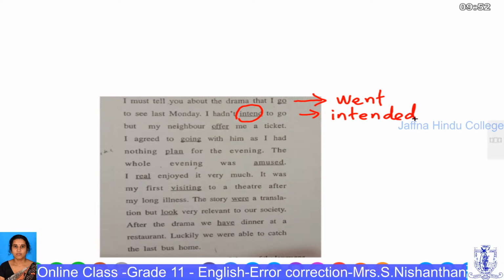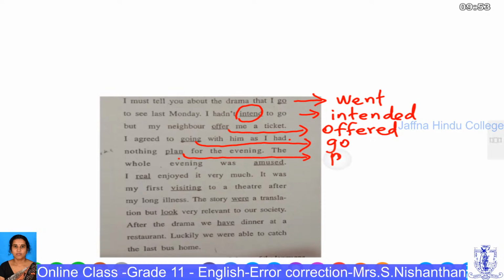My neighbor, what it offered, past of offer is offered me a ticket. I agreed to infinitive again. So to plus infinitive, to go with him, as I had nothing dash for the evening. I had plus past participle, so nothing planned. Past participle of plan is planned for the evening.